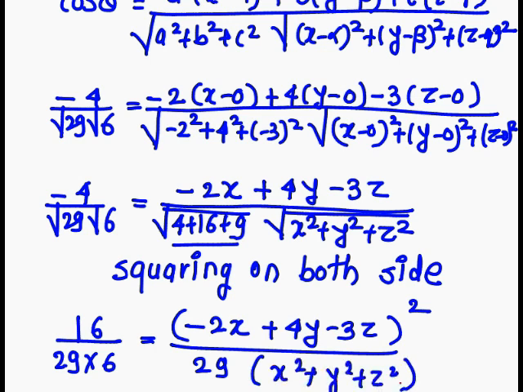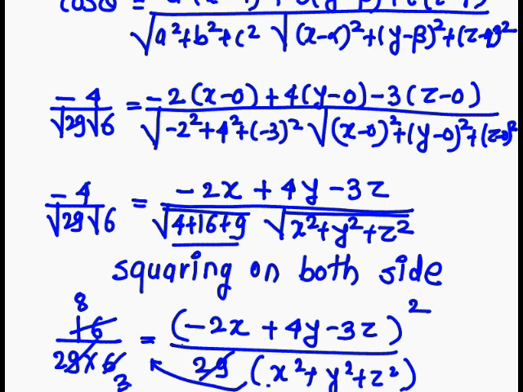So out of this, 29 gets cancelled. If we divide 16 and 6 by 2, we get 3 here and 8 here. Now we multiply this denominator to this numerator, and this 3 to this side.